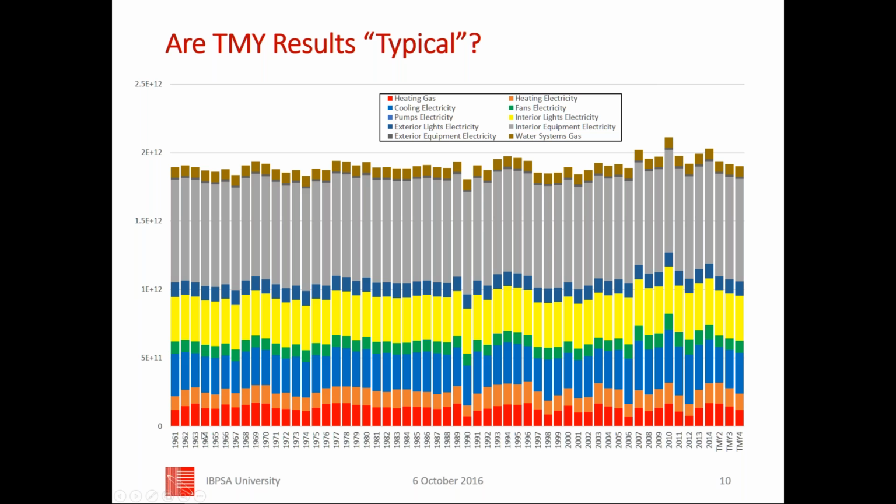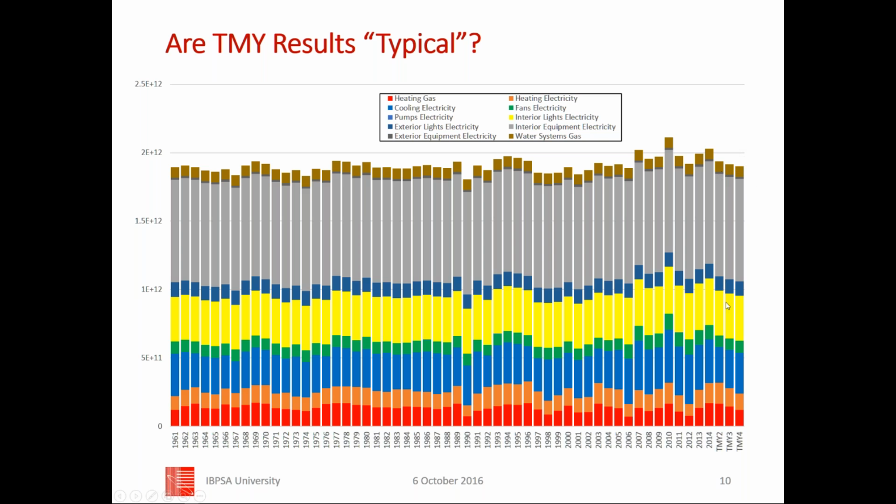Here's a study that Drew actually did where he ran the actual years for a building. I don't actually know what the building is right this moment, but anyway, these last 3 columns are the TMY2, TMY3, and TMY4, which are 3 different US typical meteorological year publications that have come out over the last 20 years or so.